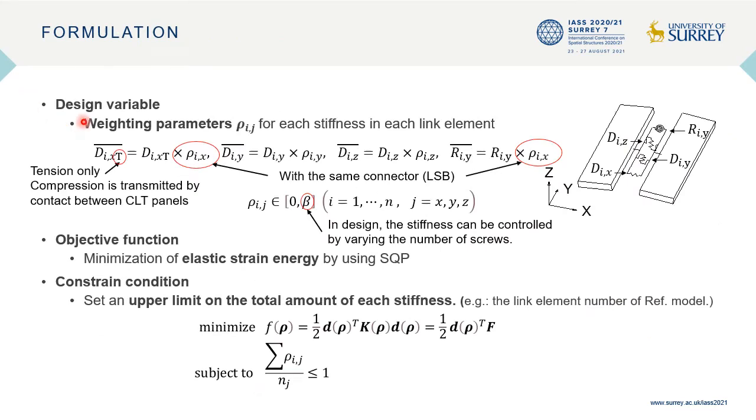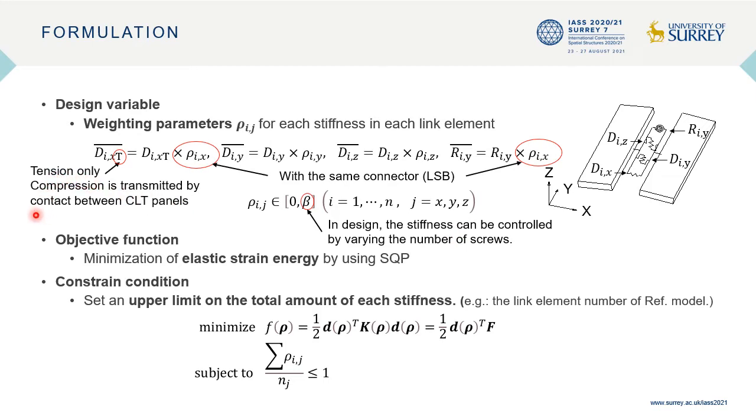In the optimization, the weighting parameter rho, multiplied by each spring stiffness, was used as the design variable. The parameter variation means to increase or decrease the screw numbers in practice.